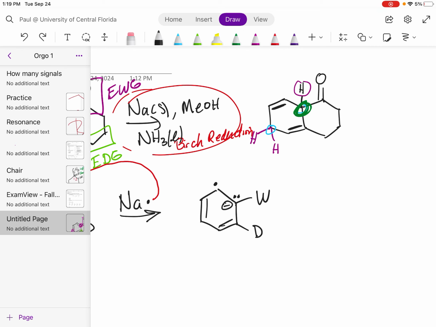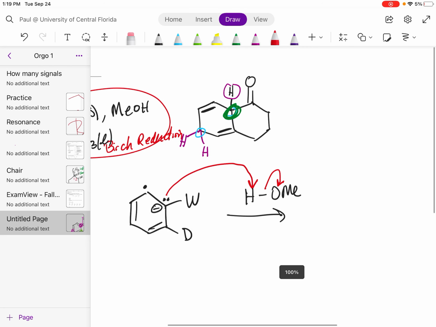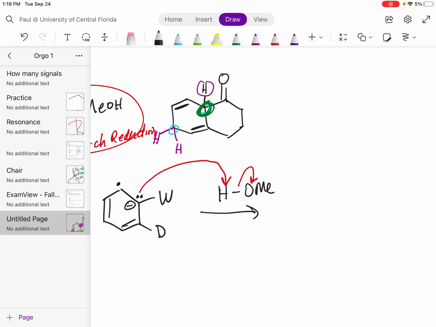So if we do our next step here and show methanol like this, now we have that lone pair that can come and grab that proton. And so that is going to give us a product like this.